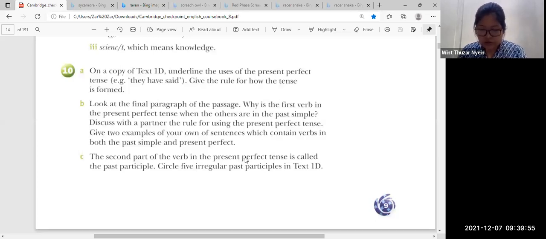Let's go to page number 10. The Greek myth, the gift of fire. So that will be the last reading. The task 1E and task 1F will be the last reading passage.